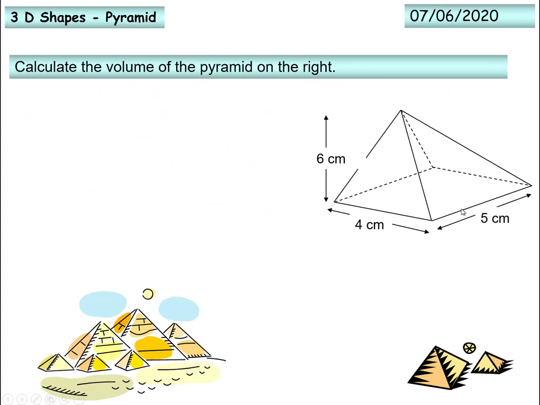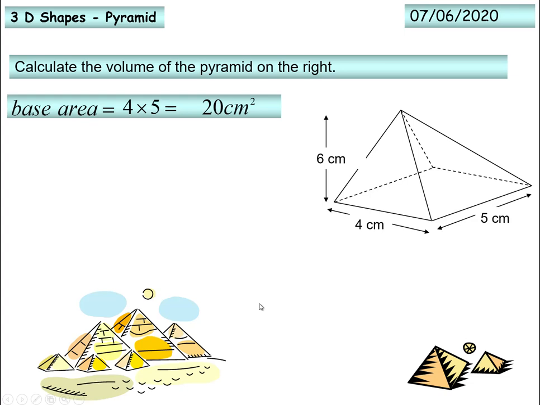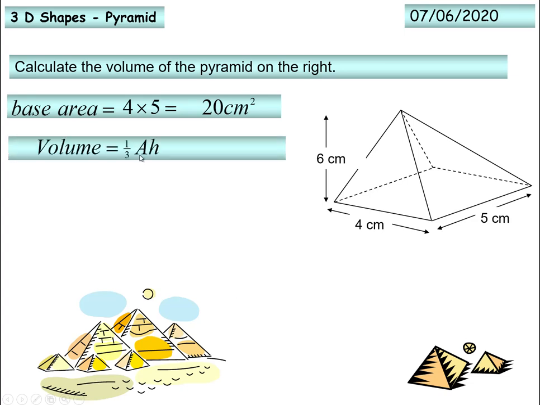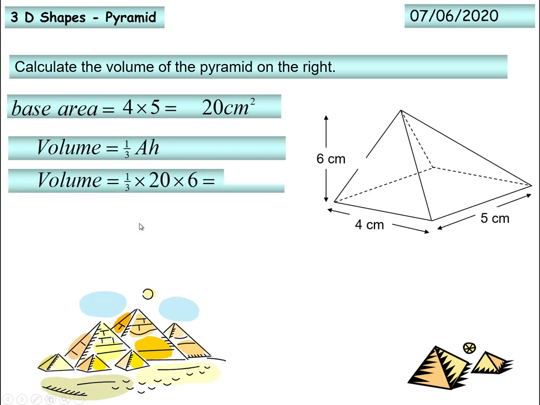It's got a rectangular base. Area of the base is 4 by 5, which is 20, and we're going to use our formula then. So it's 1/3 base area times height, so 1/3 times 20 times 6, which gives us 40 cubic centimeters.